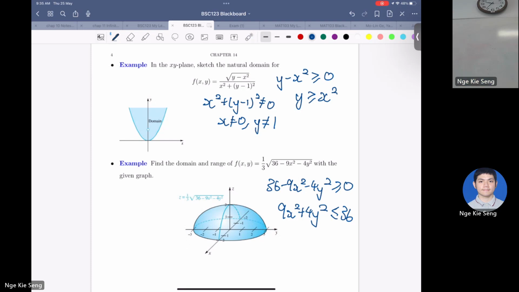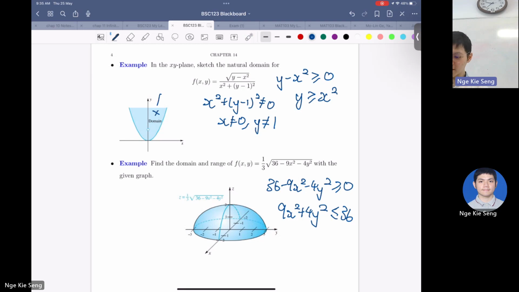Okay, so how do you draw that region? When y equals x squared, I believe everyone of you knows how to draw it, but you need to decide whether the top or the bottom is included. So you need to take a point inside here and then verify.